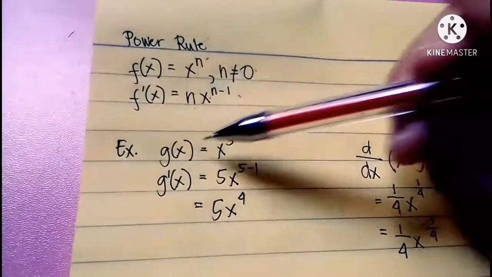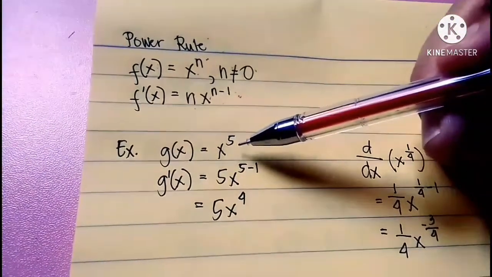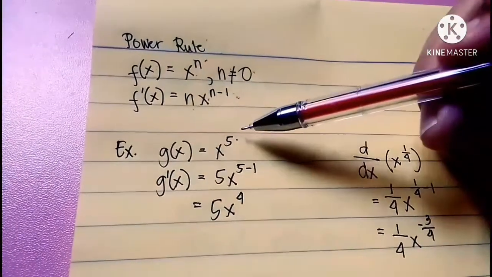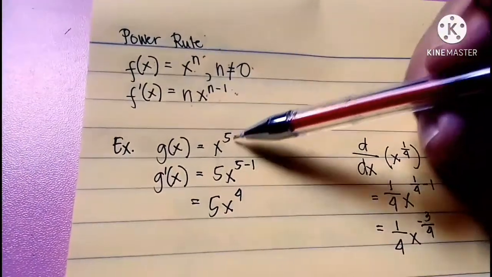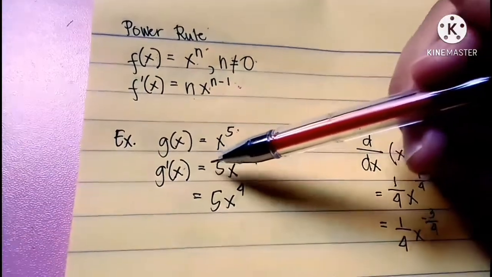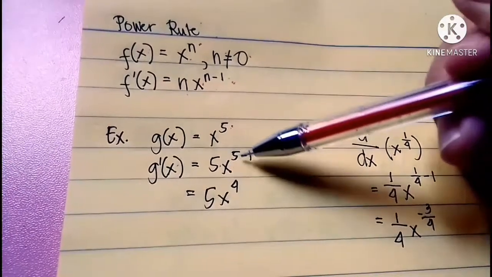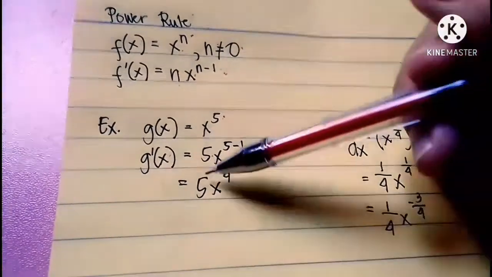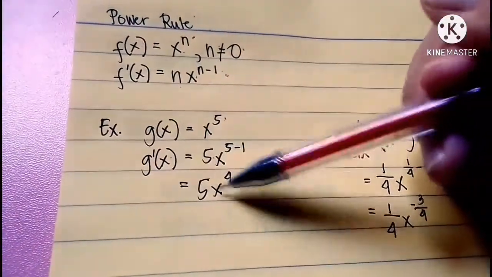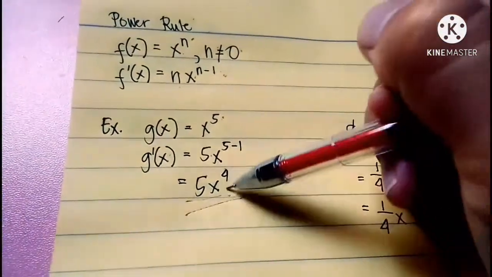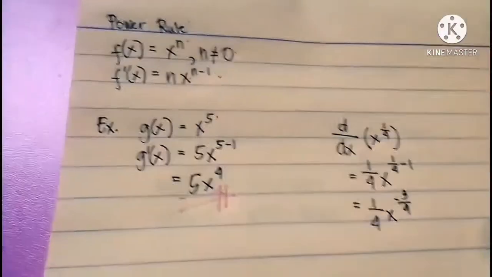For example, we have g of x is equal to x raised to the power of 5. Then we have to get the derivative of this. We have g prime x is equal to bring down the 5, x to the 5 minus 1. So 5 minus 1 is equal to 4, and we have the final answer.